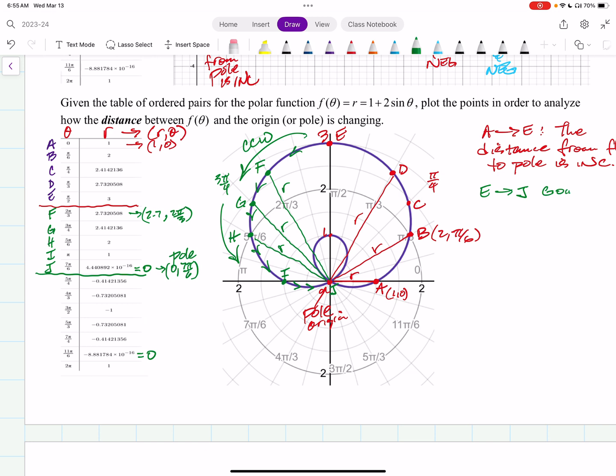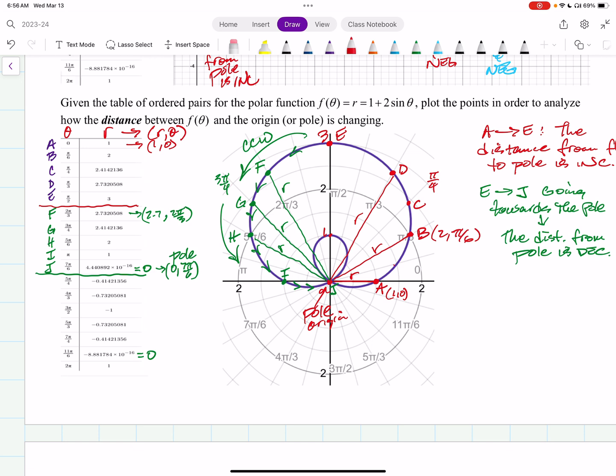I'm just going to write it in plain words right now, towards the pole. All right, what does that mean? It means that the distance from the point to the pole is decreasing. That's what it means. If you're getting closer, then the distance is decreasing, right?